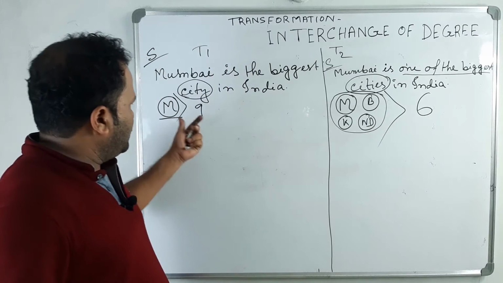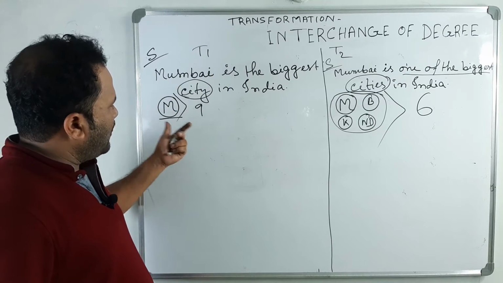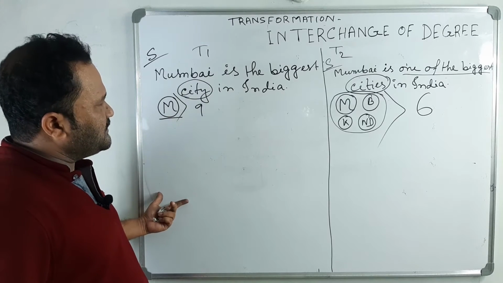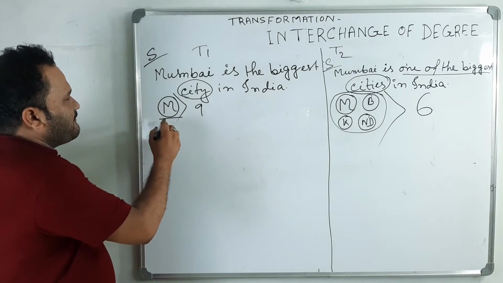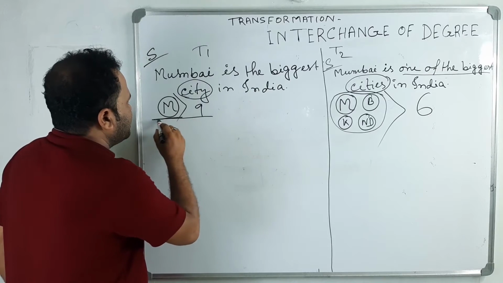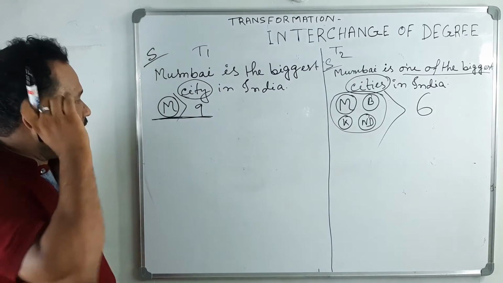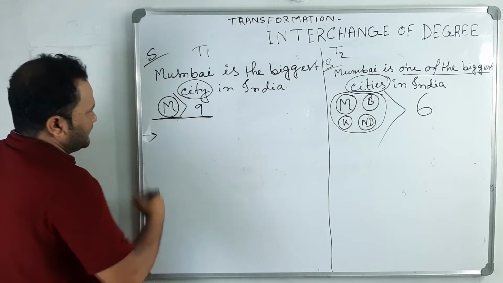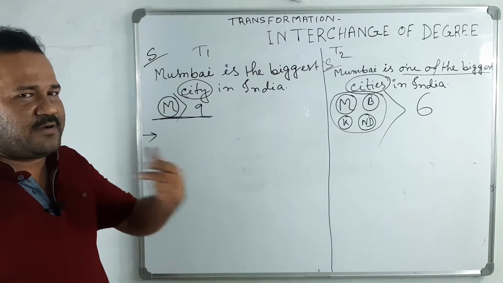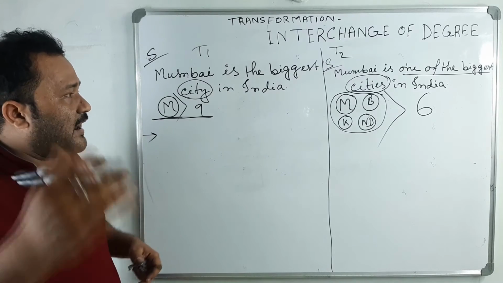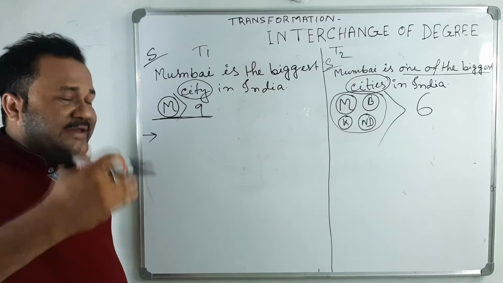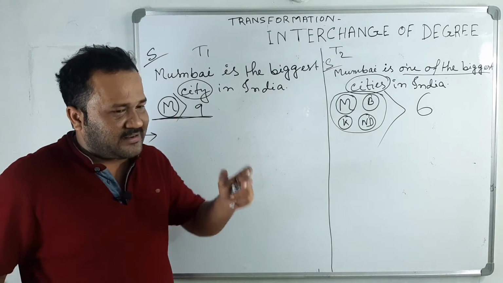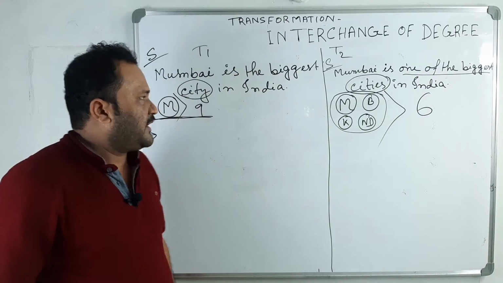Now we have to write the comparative degree and positive degree, keeping this in mind. How can we explain this? You have to change it into comparative degree, that is transformation, but you cannot change the meaning of the sentence. You have to keep in mind that Mumbai is the biggest city.